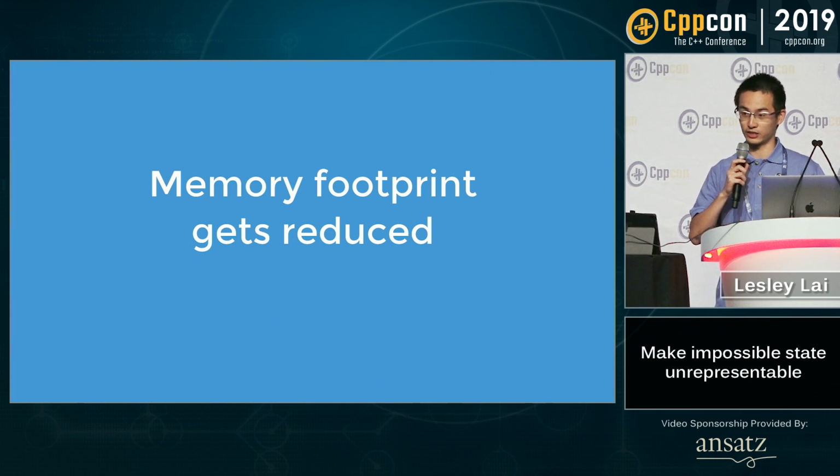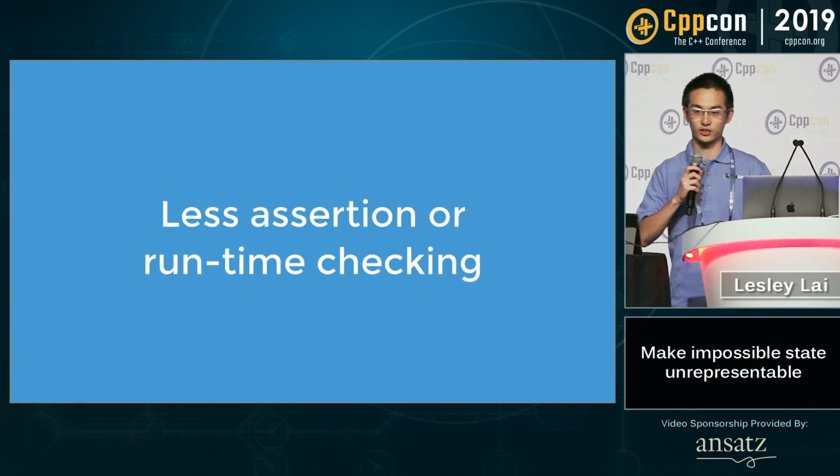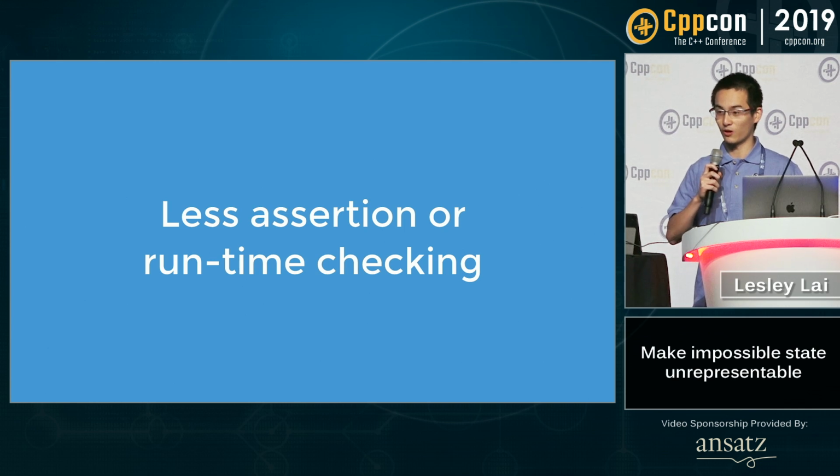And the second implementation only has 12. There are also fewer assertions and runtime checks. Just think about the first example, we have an isComplete function, and in the second example, it totally goes away, because we never need to call this logic twice.